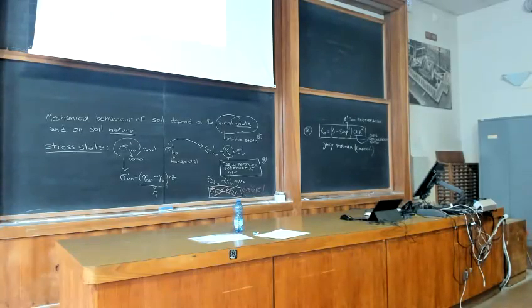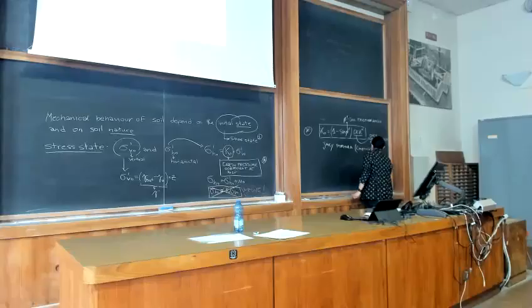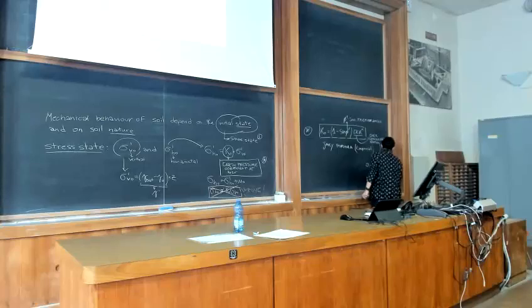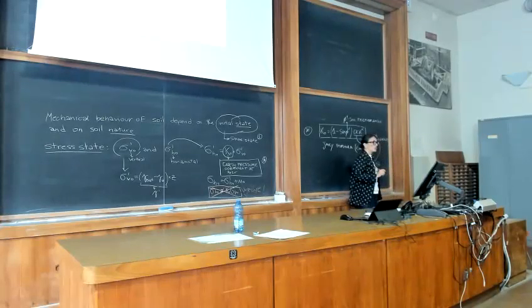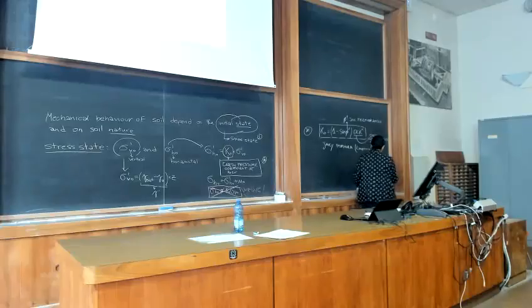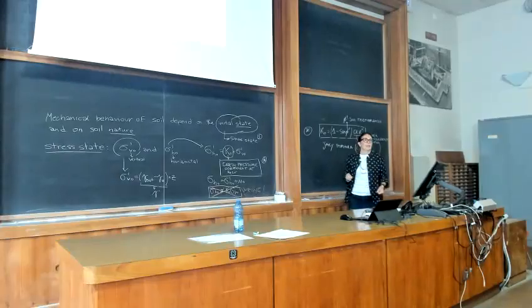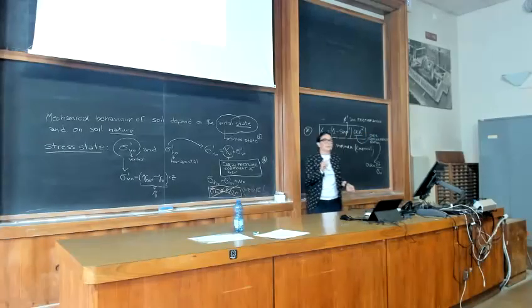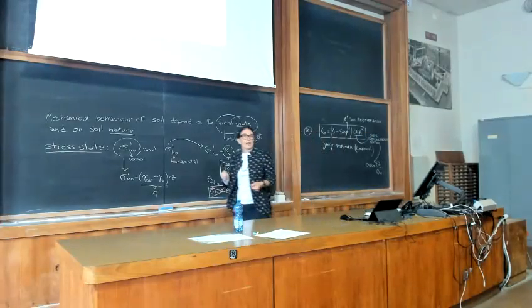Over consolidation ratio is the ratio between the pre-consolidation pressure of your deposit divided by the stress state of the soil at the depth that you are studying.